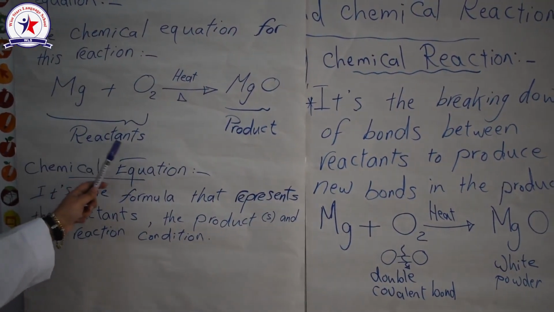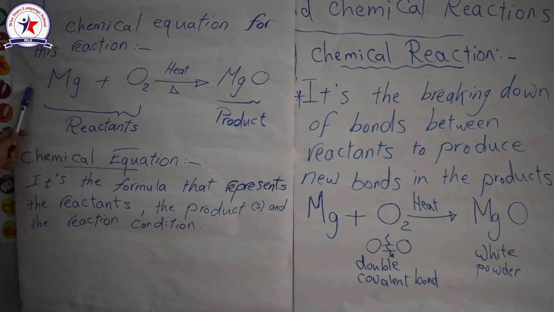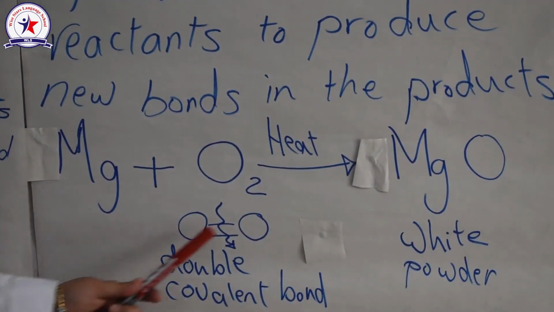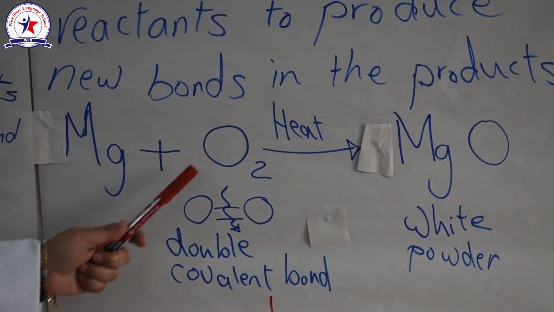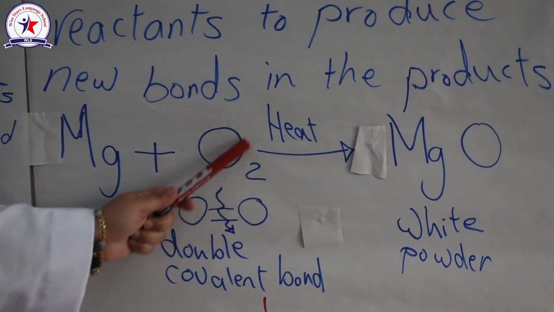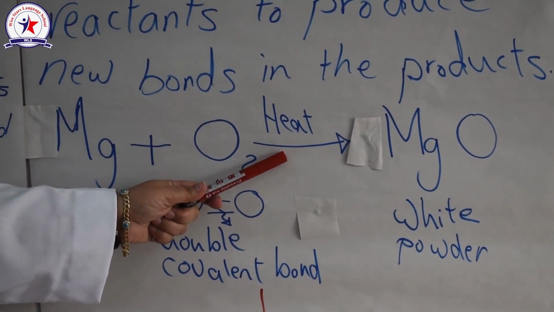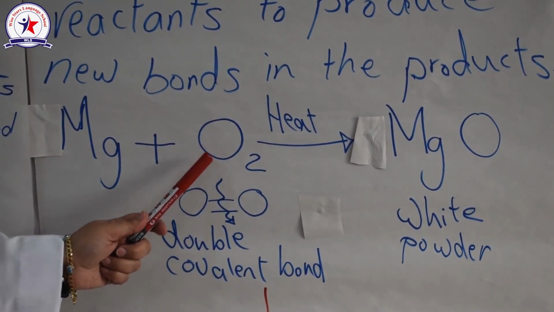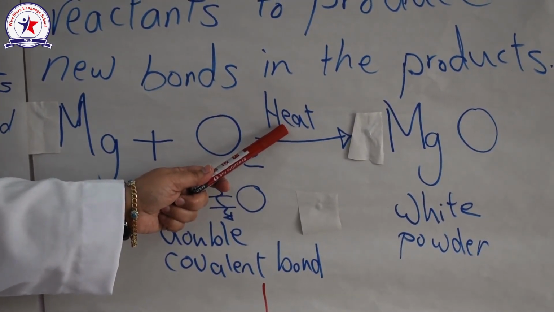So reactants, product, and reaction condition: this is the formula which is called a chemical equation. This chemical equation represents the reaction between magnesium and atmospheric oxygen. This reaction never happens without heat. So the heat is the reaction condition. Without heat, there will be no reaction. So in this reaction, as we said, the heat is very important.